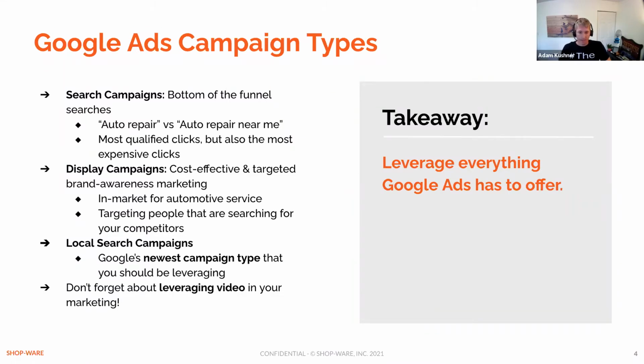And local search campaigns is the newest campaign type, where Google is essentially segmenting out something that's always been there with an ad extension in a search campaign and moving it over into a new bucket and its own campaign type, and making sure that you're taking advantage of that, because that's another spot where we were blown away by the impressions that we were getting for our clients when we first launched them.